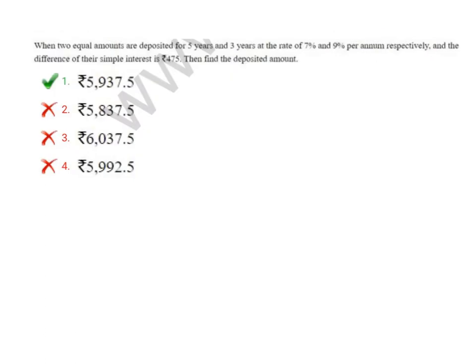The next one. When two equal amounts are deposited for 5 years and 3 years at a rate of 7% and 9% per annum respectively, and the difference of their simple interest is 475, find the deposited amount. So we have, when two equal amounts are deposited 5 years at 7%, that is 35%. 3 years at 9%, that is 27%. The difference is 8%. If 8% is 475, then what is 100%?